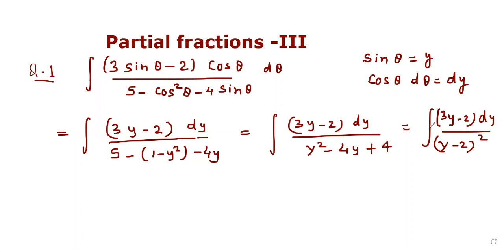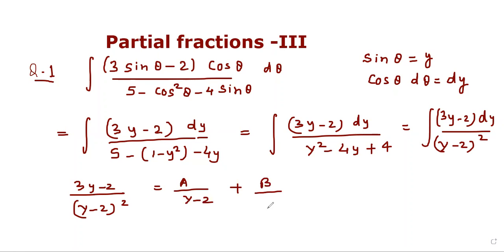So now let's write (3y minus 2) divided by (y minus 2) whole square equal to a upon (y minus 2) plus b upon (y minus 2) whole square. Now we take LCM, so we will get 3y minus 2 equal to a times (y minus 2) plus b.